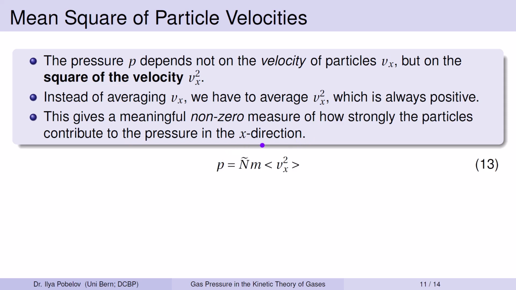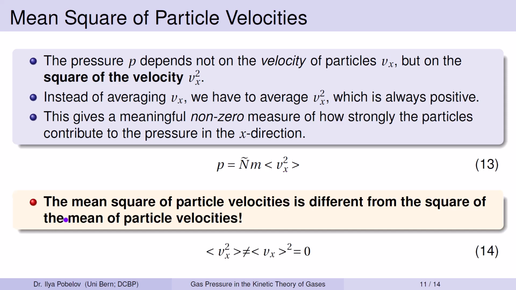The pressure is now given by n tilde times m times Vx squared in angle brackets. Here, this expression indicates that we take the square of the velocity component along the x-axis for all particles and calculate the mean value of this parameter.